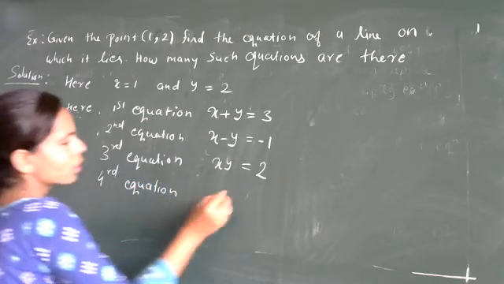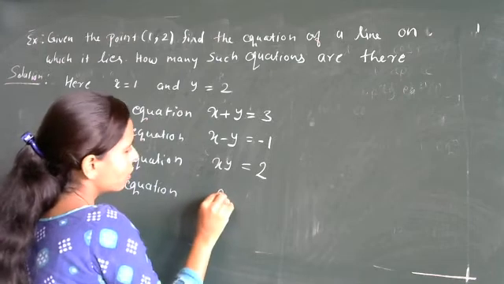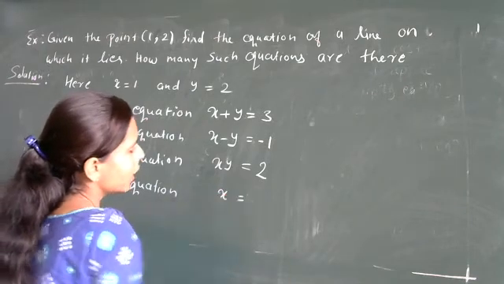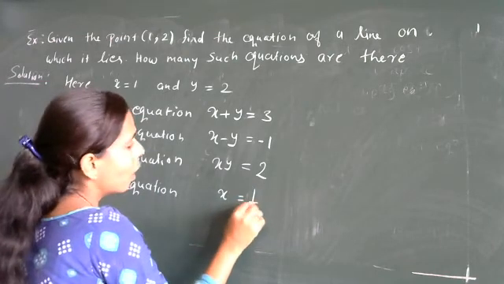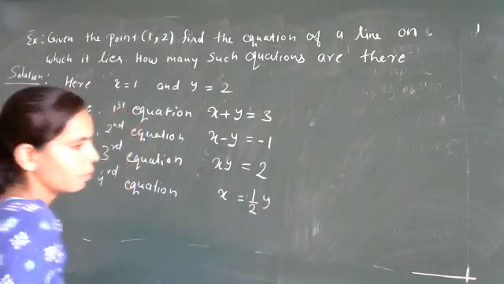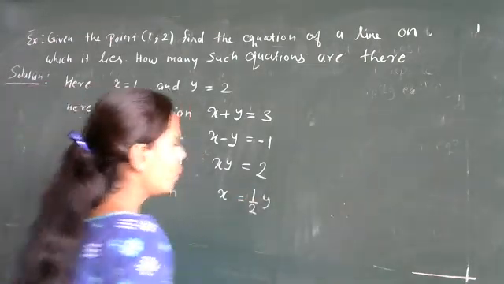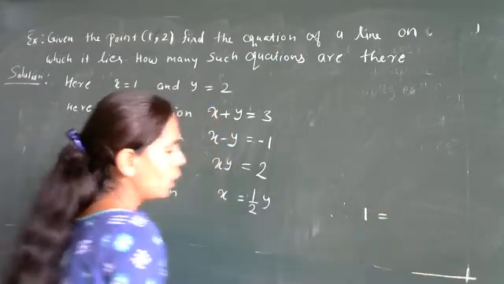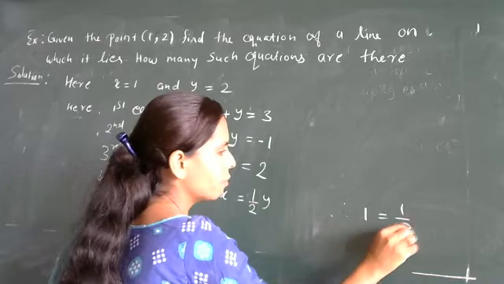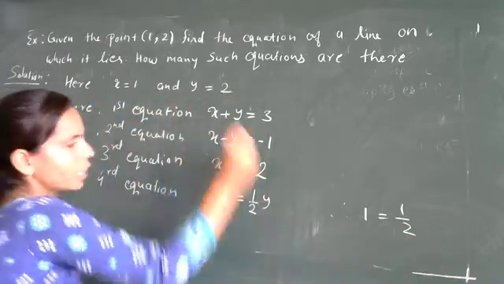Suppose you write x is there, what should be for y? You can say it is half of y, because I'll show you here how we can write that. We are having the value of x as 1 is equal to, we are taking here half, right? And what is the value of y? It is 2.